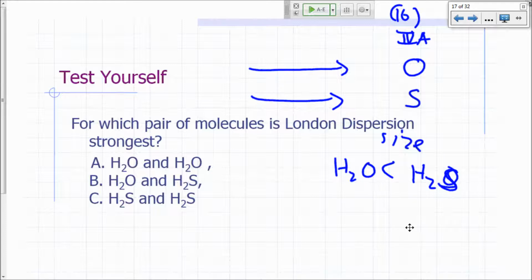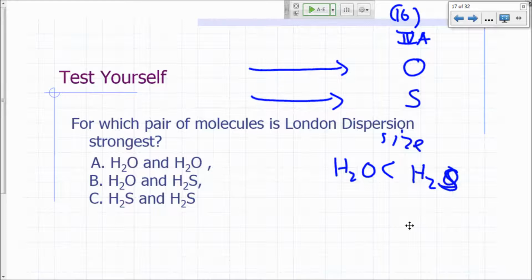So you would think that H2S molecules would have stronger attractions for each other compared to water molecules, right? So based on this alone, which one would have a higher boiling point, H2O or H2S? You'd think H2S would have a higher boiling point. They have stronger attractive London dispersion forces.